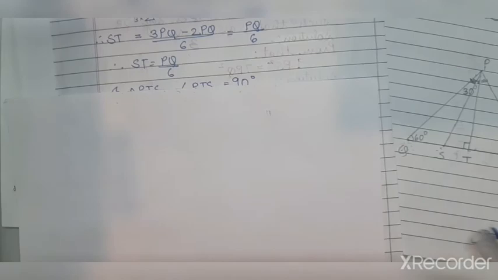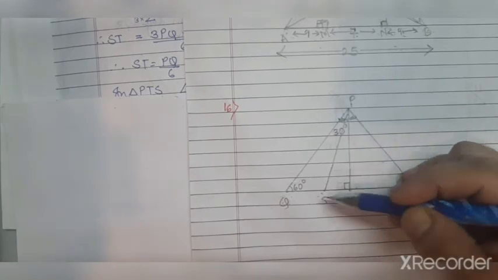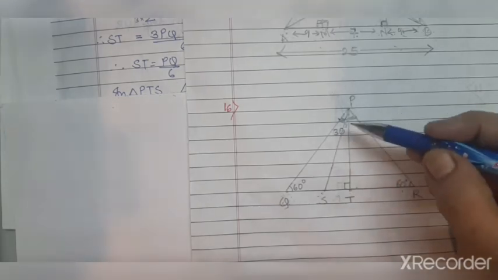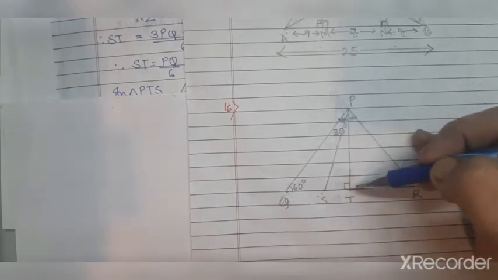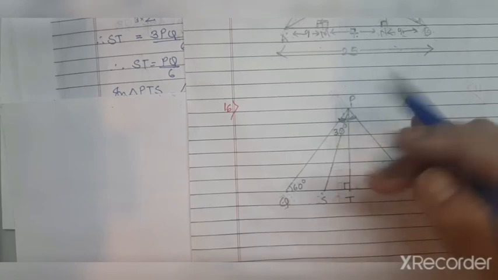Okay, now we go to triangle. I'll show you the figure. We go to triangle PTS. If you look at triangle PTS, it's a right angle triangle where PS square is equal to PT square plus ST square. So that we write here.